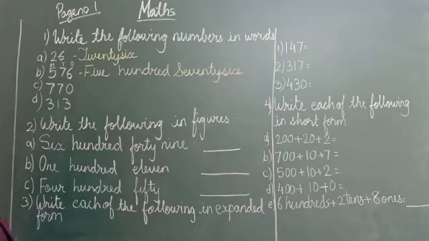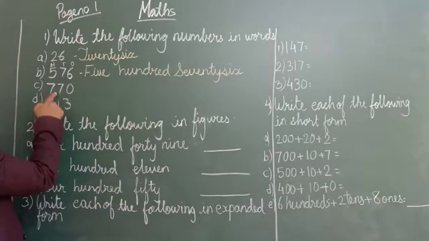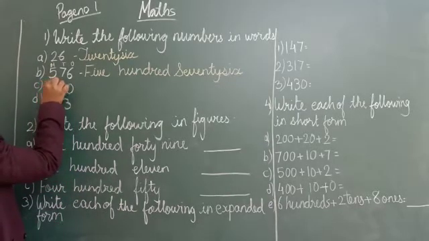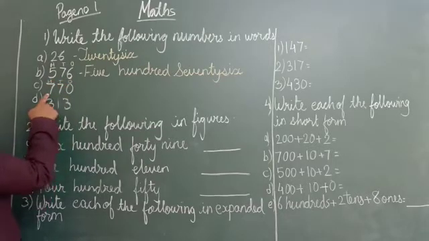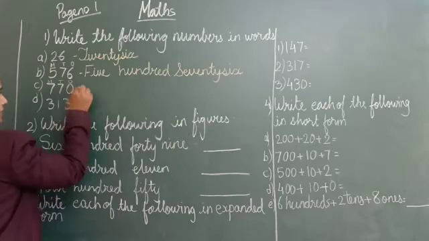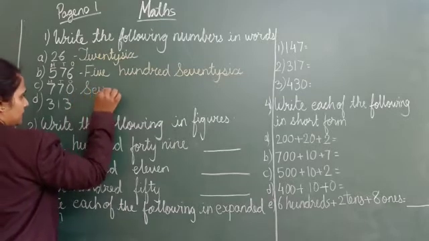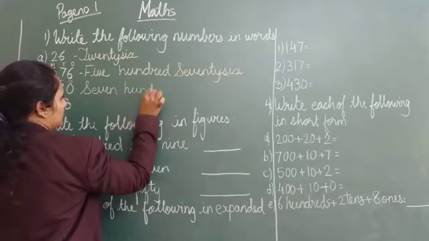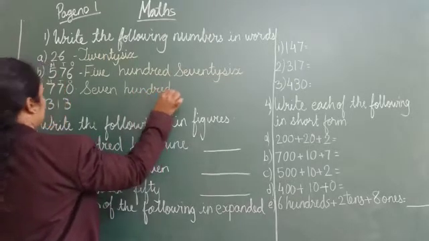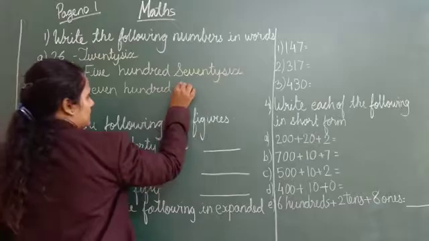Third example, 770. How will you read this? At hundreds place we have 7. So we will write 770.